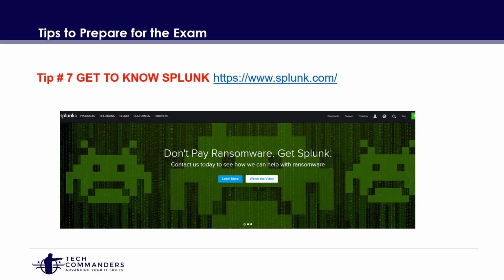Now, for tip number 7, what is Splunk? Now, Splunk is an SIEM tool, and this is a tool, and it's referred to as a service as well, that is going to enable your security team, your network team, to respond to any potential threats that it picks up.